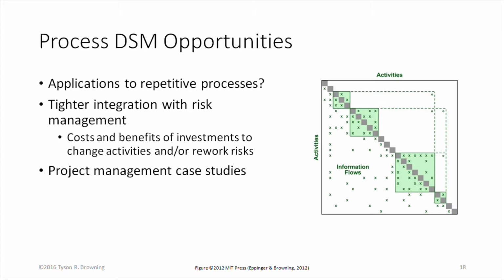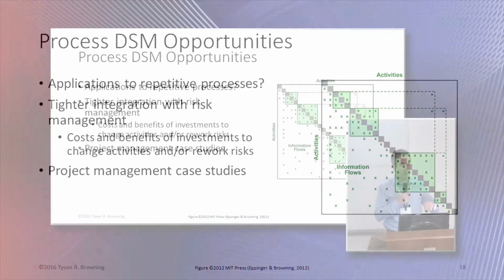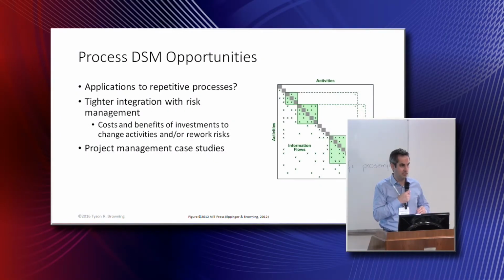And we're interested in things like flow rates and throughput times and cycle times rather than just project duration or something like that. So I have not yet seen applications of process DSMs to these repetitive manufacturing processes or even other repetitive business processes like taking orders or something like that.